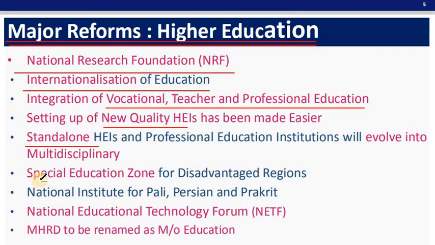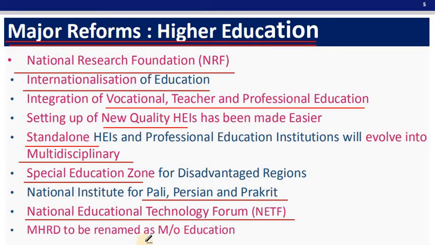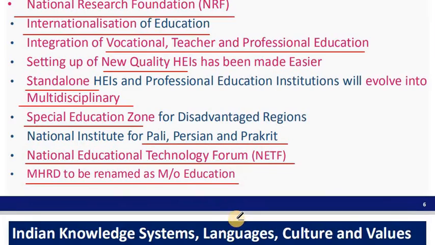Stand-alone HEIs and professional education institutions will evolve into multidisciplinary ones. Special education zones for disadvantaged regions, National Institutes for Pali, Persian and Prakrit, National Educational Technology Forum, MHRD to be renamed as Ministry of Education.